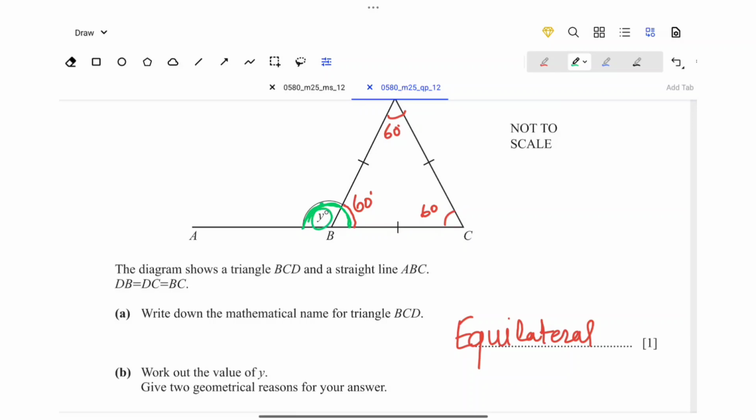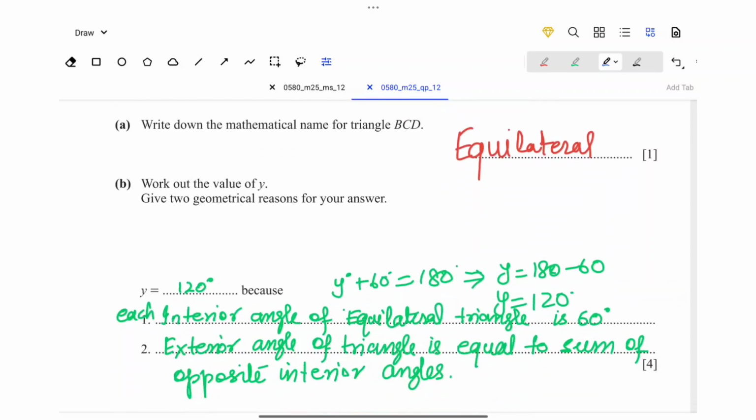This angle y is equal to the sum of these two angles. These are the opposite interior angles. The adjacent interior angle is this 60. Those are the non-adjacent interior angles. So this has been done.